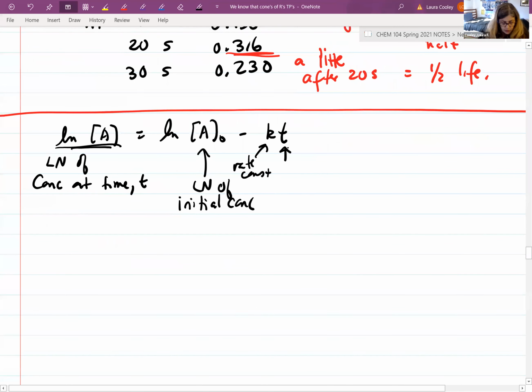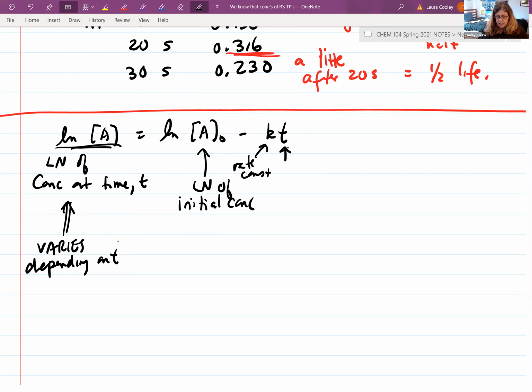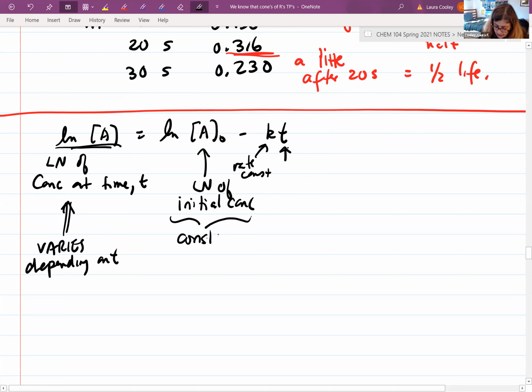The thing is, if you examine this equation closely, you see that this guy here varies depending on time. This is the concentration at a given time, and that's not constant. In fact, it's constantly changing. The log of the initial concentration is a constant. It does not change for a particular experiment.